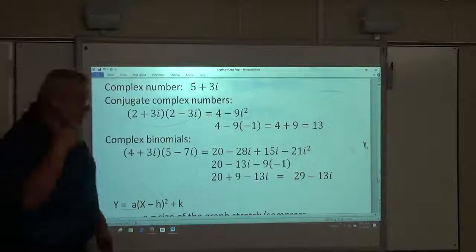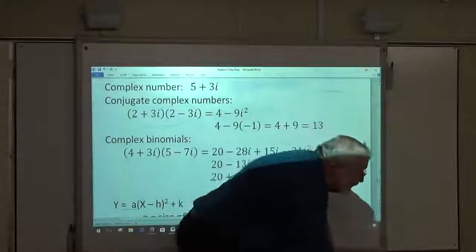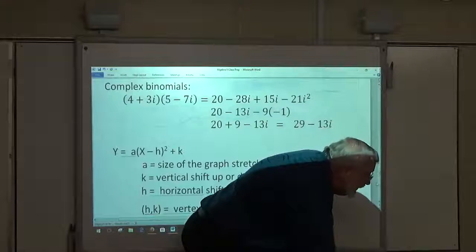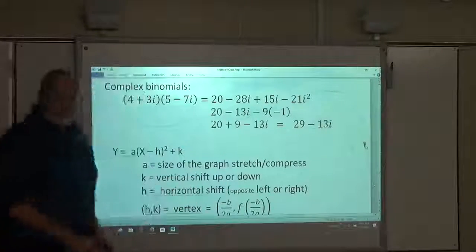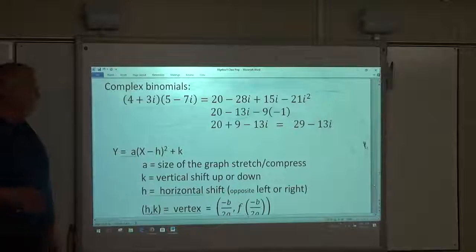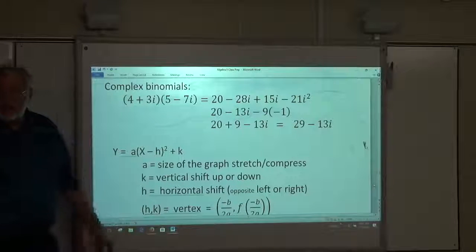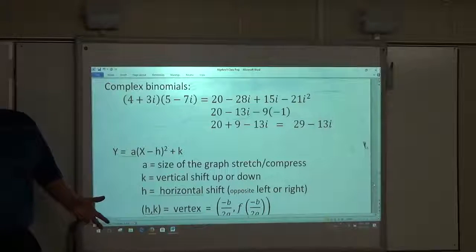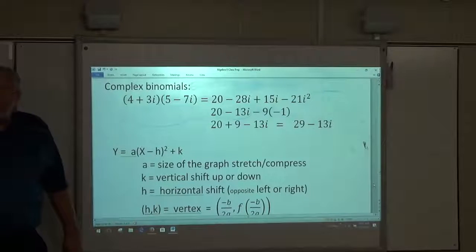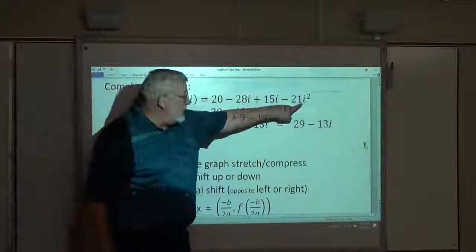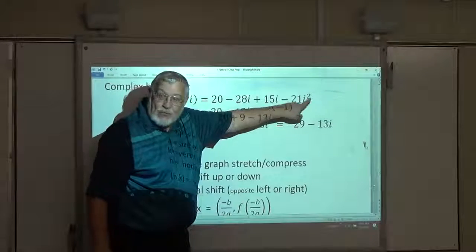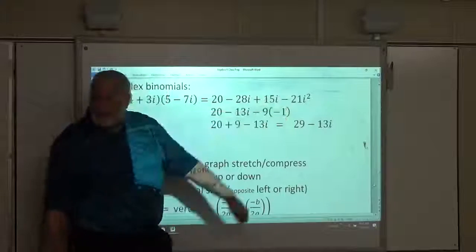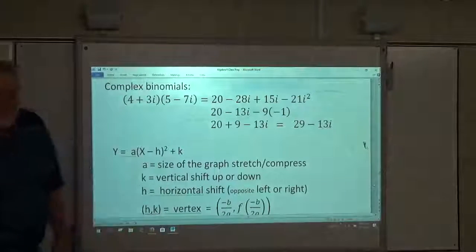All right, now let's look at the normal thing that happens. And that's this: complex binomials. Now this foiling is done just like you would foil with a variable, with an x or a y, except that when we get the i squared, we know that i squared is -1. That's the only difference. See, this is so easy.